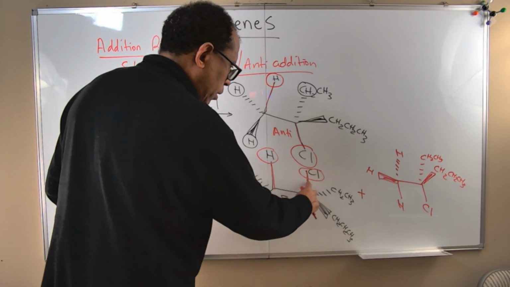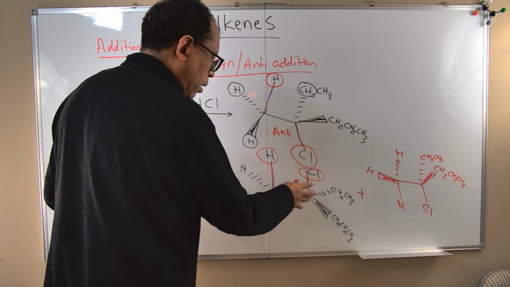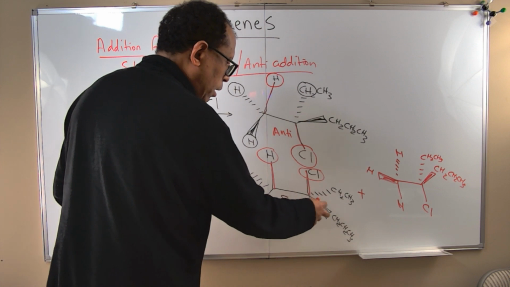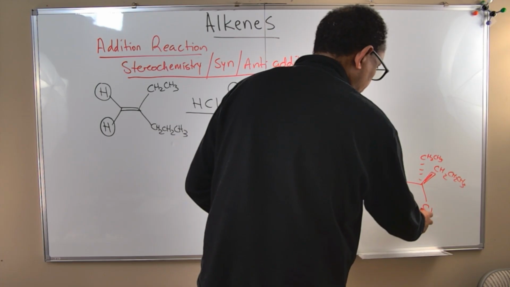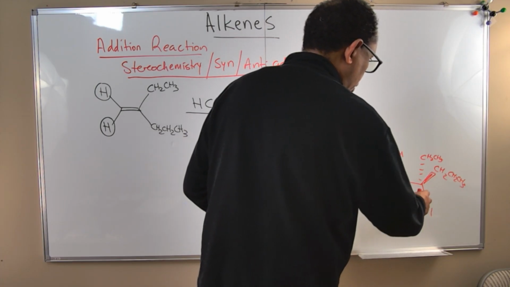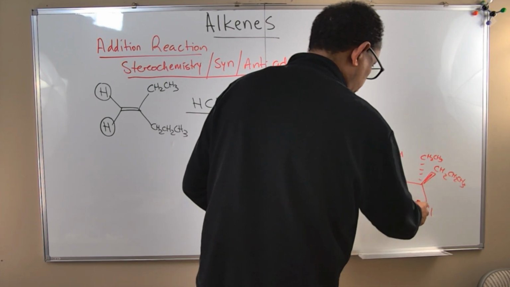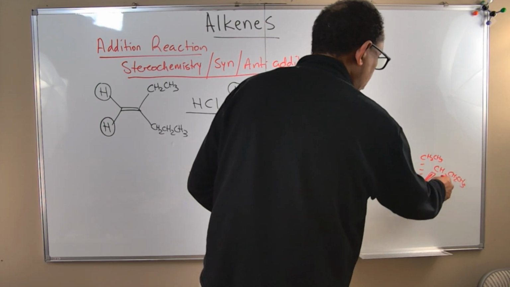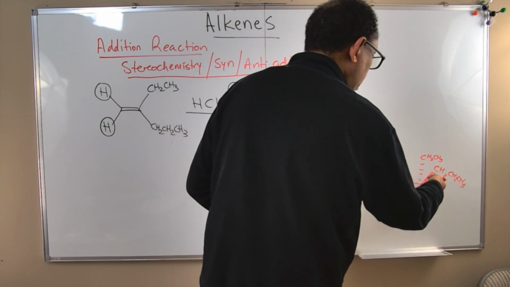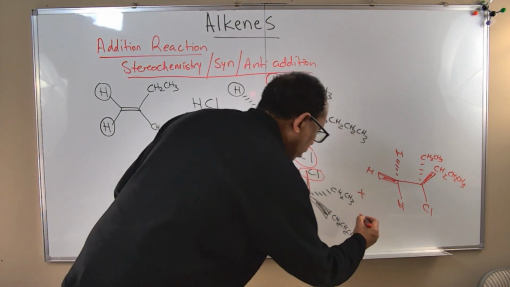If we go this way, this would be an R, but since the lowest group is not at the back, this is an S. Let's see here. This is group 1, and number 2 is this carbon right here. Number 3 is this one, number 4 is this one. So this is 1 to 2, that is an S, but since the lowest group is not at the back, that's an R. So those are mirror images, enantiomers.